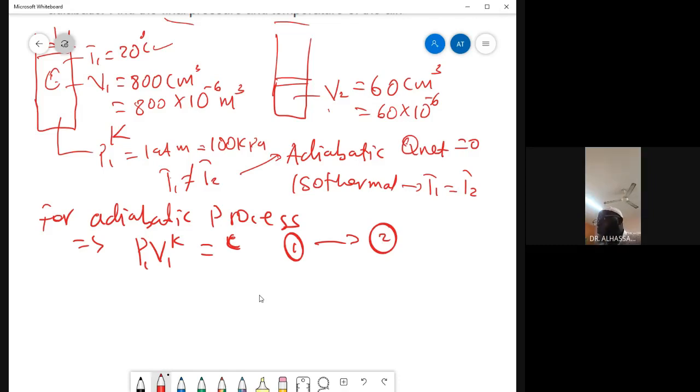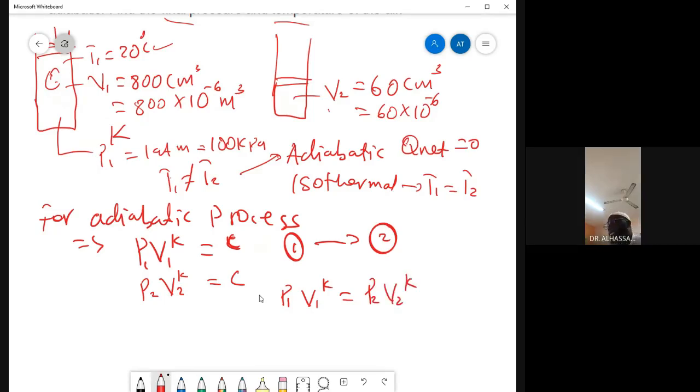That means that at state 1, we will have P1 V1^K equals C, and at state 2, we will have P2 V2^K equals a constant. So these constants are the same. So we have P1 V1^K equals P2 V2^K.